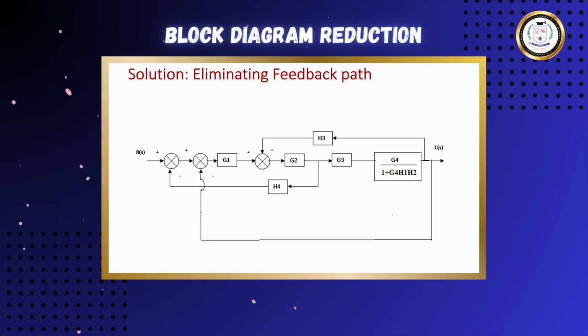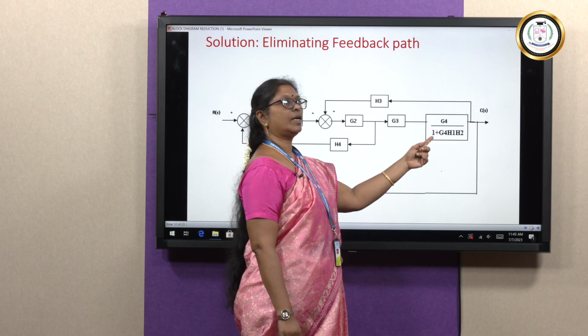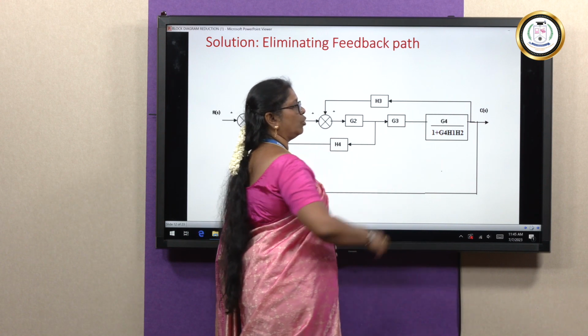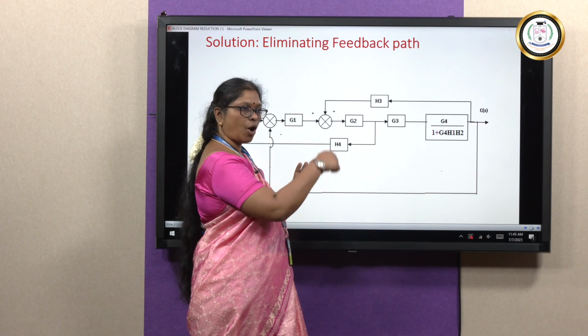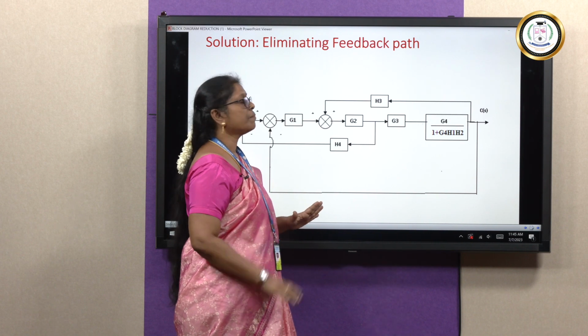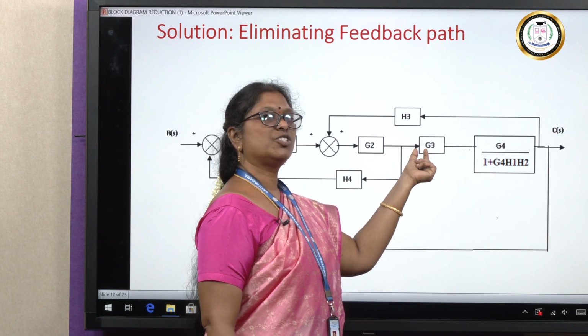If we eliminate this feedback loop, we have G4 by 1 plus G4 H1 H2. When we have eliminated this feedback loop, the summing point along with the feedback path, everything will be eliminated.